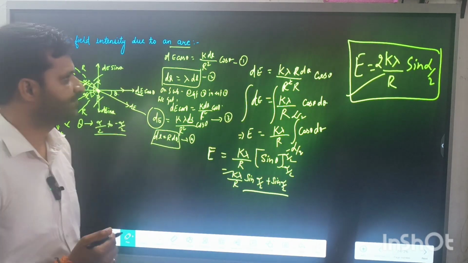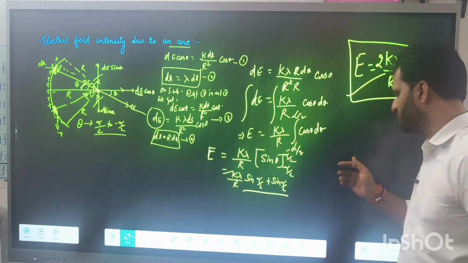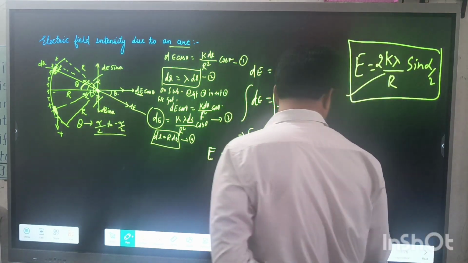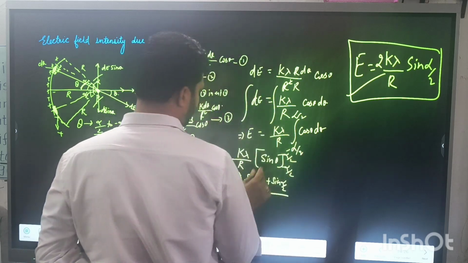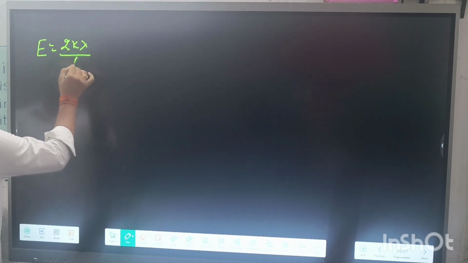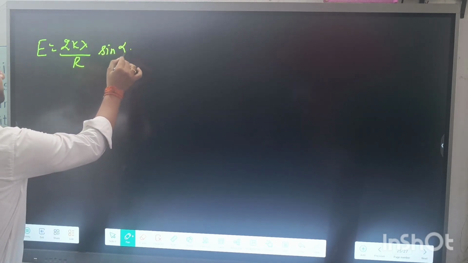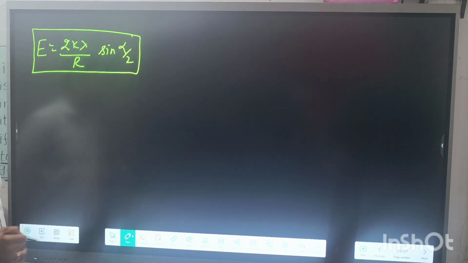Let us focus. Suppose I give an example of limiting case analysis. Using the same approach, the electric field intensity due to an arc is 2k lambda upon r sin alpha by 2. Correct?